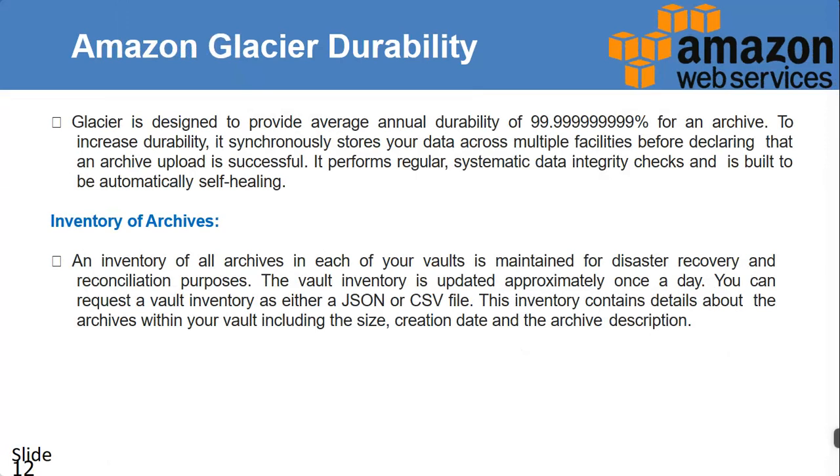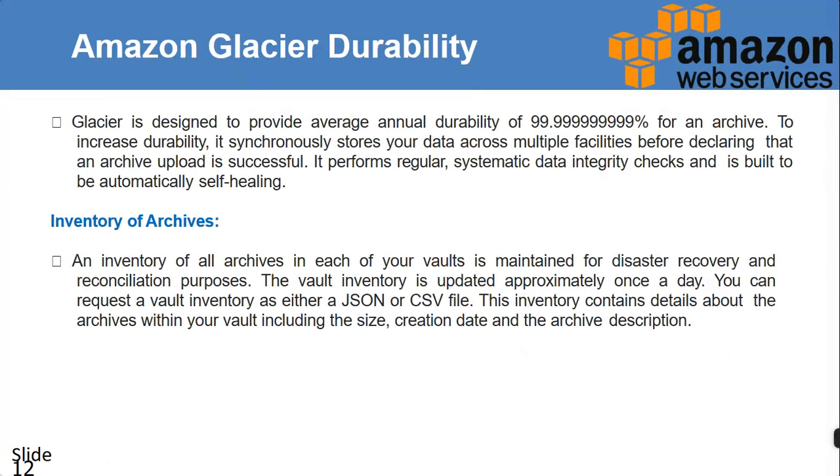Glacier also has 99.9 durability guarantee and 6 replications, so that your data should not go. And let's say you uploaded thousands of objects in Glacier, you can export their names in a CSV or JSON file. So you can maintain the inventory using a JSON or CSV file. That is also possible.